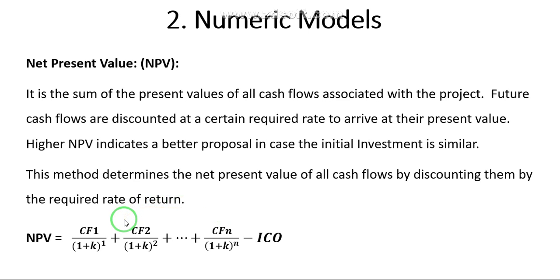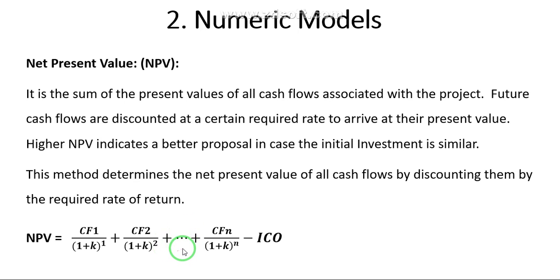Here the formula for the NPV is that NPV is equal to CF1 by 1 plus K, plus CF2 by 1 plus K to the power of 2, plus CF3 by 1 plus K to the power of 3 in case it is 3 years.